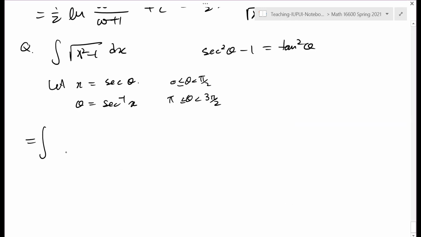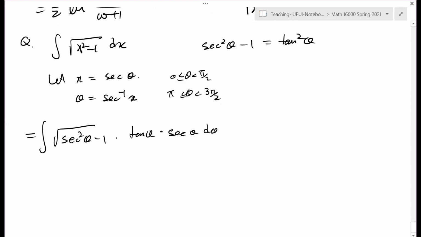So the integral becomes the square root of... The derivative dx is going to be tangent theta secant theta d theta. We hope we can simplify. The square root of secant squared theta minus 1 is the square root of tangent squared theta, so it's just tangent theta, times tangent theta secant theta d theta.